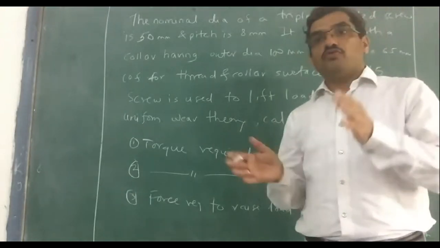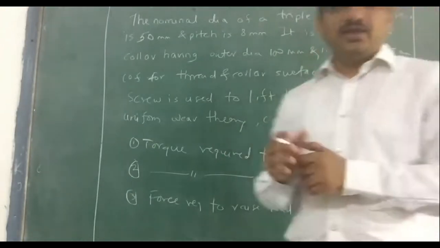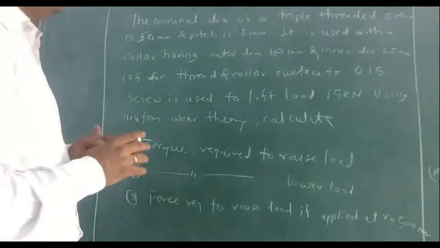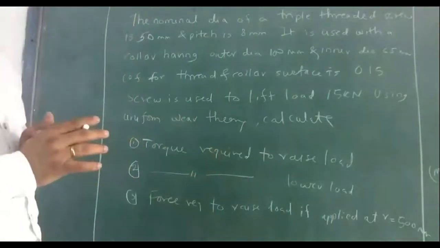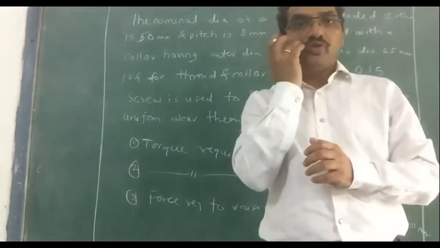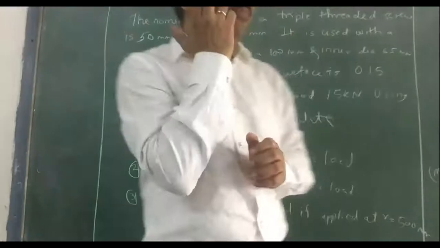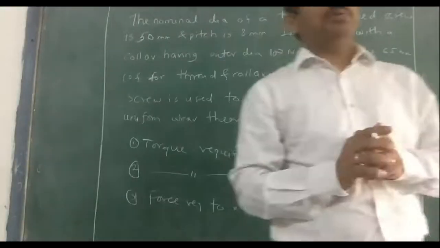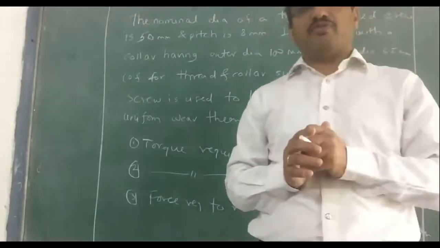Yesterday we saw there are two theories, and out of these we will use the wear theory: mu c into W by 4 into (di plus do), where di and do are the inside and outside diameters of the collar.